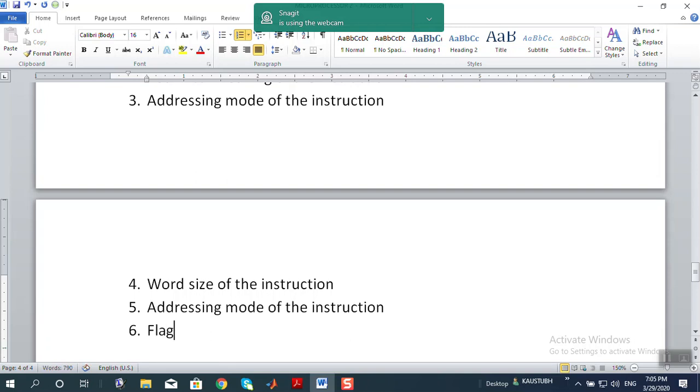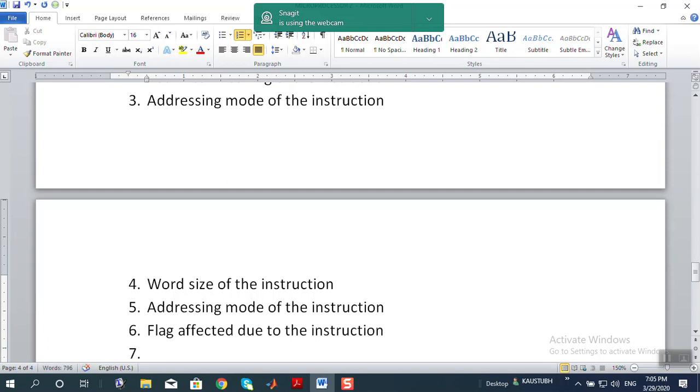So: flags affected due to the particular instruction.